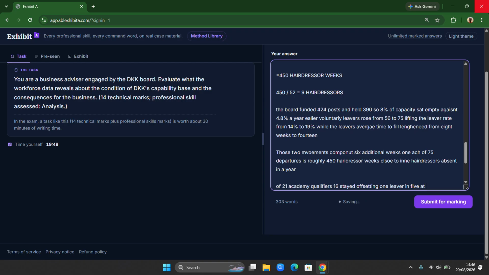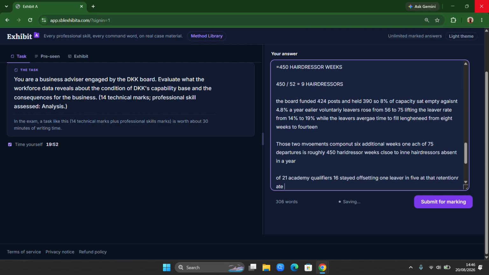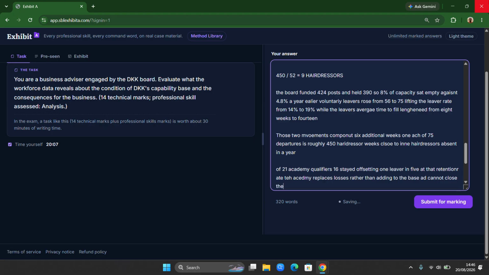So now we're going to say that, which means at that retention rate, the academy replaces losses rather than adding to the base and cannot close the 34 post gap.